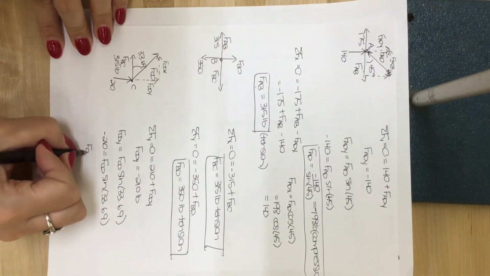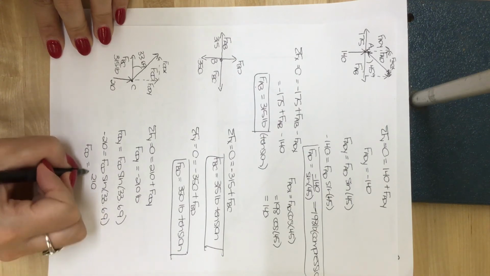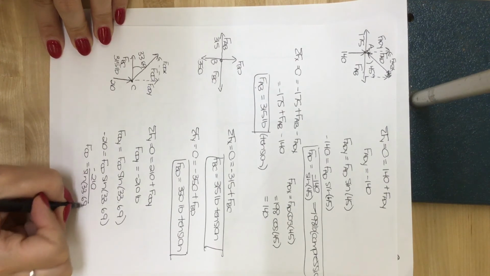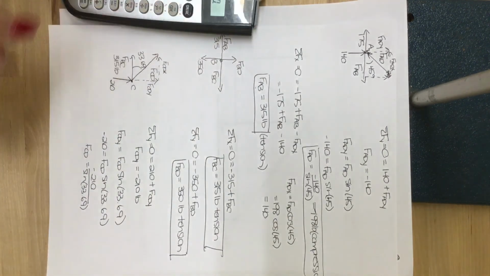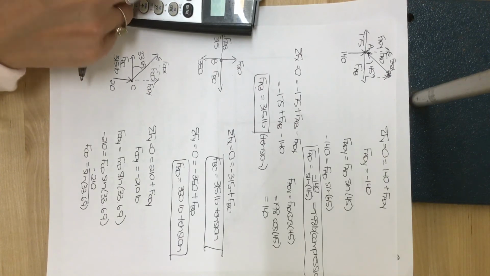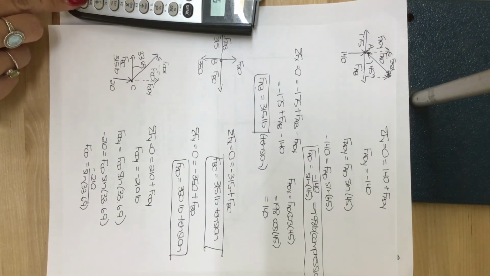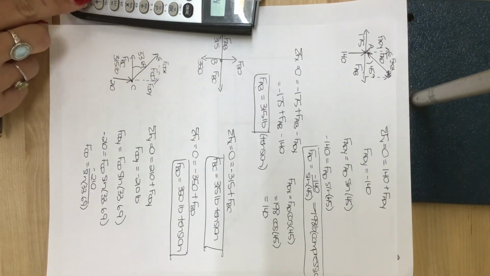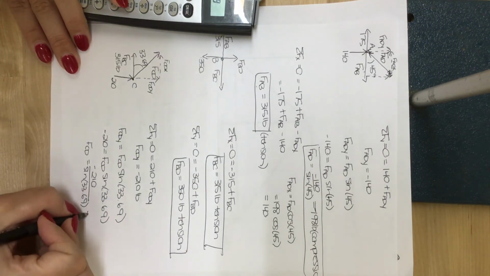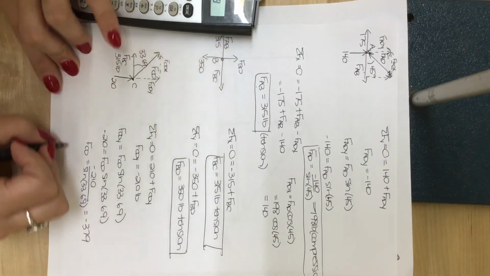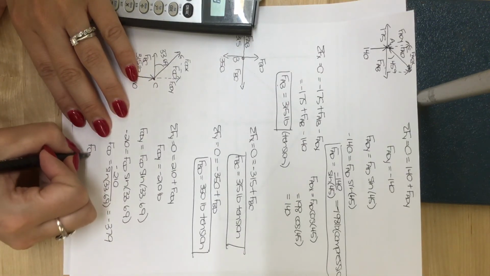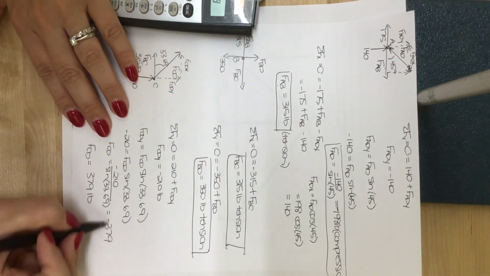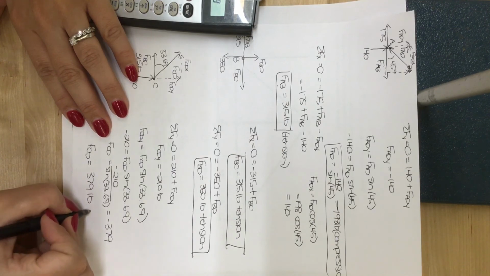So FCD equals negative 210 divided by that sine of 33.69. So let's do the math on that. 33.69 sine, and we'll get about negative 379. So FCD equals 379 pounds, and it's going to be in compression because we got that negative number.